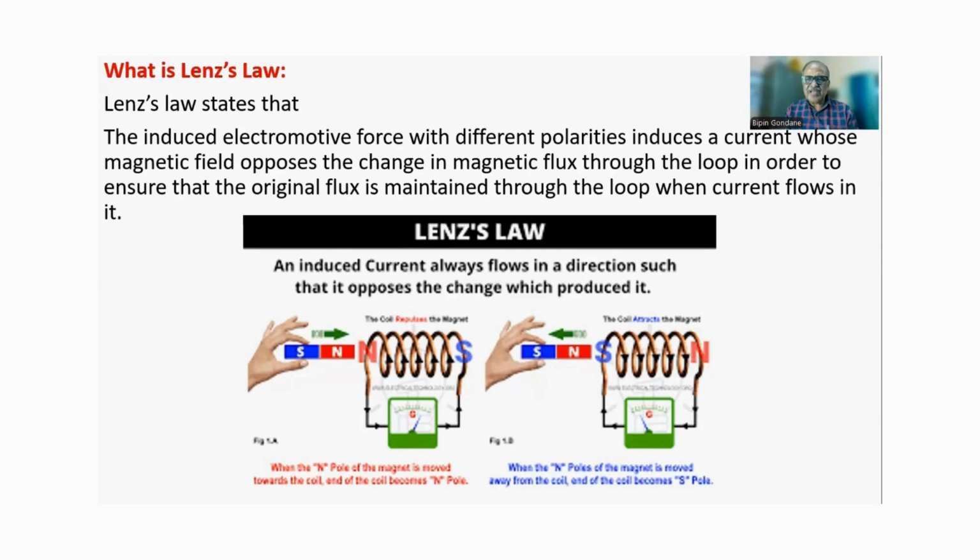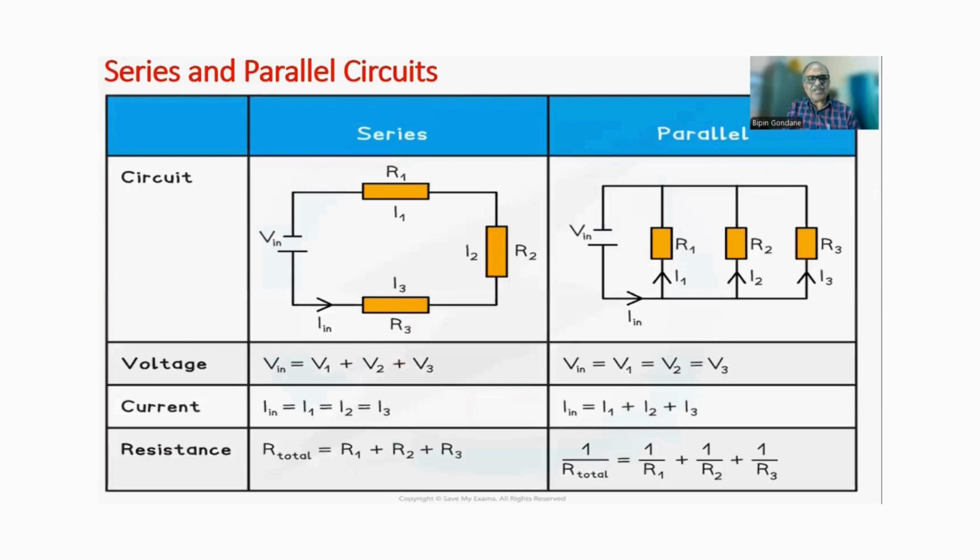When the magnet is going inside, it will produce a magnetic field around the coil. Lenz's law is very important when you study motors: how the motor works, how the generator works. So these laws are very important.